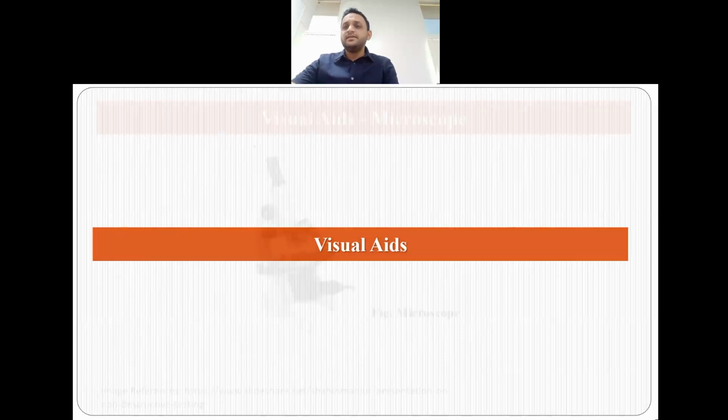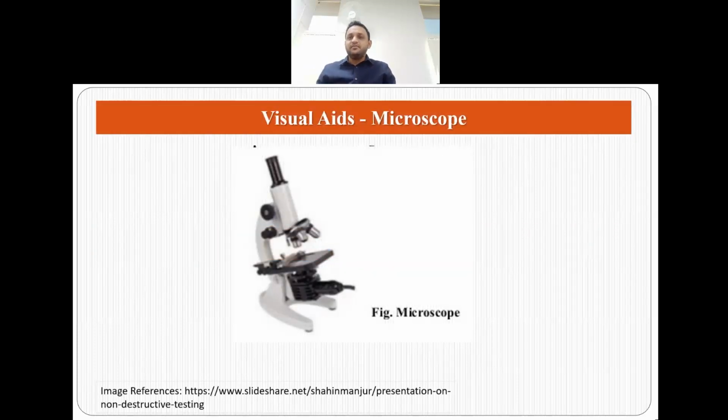Visual aids are nothing but things which can help us see the surface discontinuity in a clearer manner. The first visual aid is a microscope. If your component is small, then you can see the surface discontinuities with the help of a microscope, and you will be able to figure out where the defects are actually present.